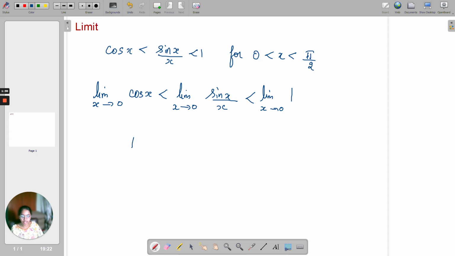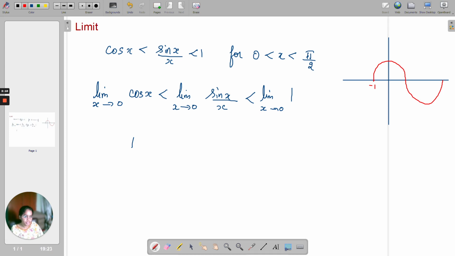So what is limit x tending to 0 cos x? It is 1, right? Okay, let me take the graph of cos x. The graph of cos x looks something like this. X-axis and y-axis. It starts from 1, touches the axis and goes something like this, right?